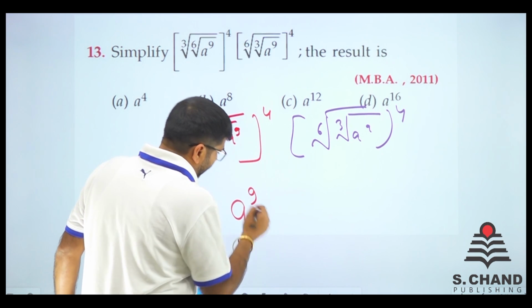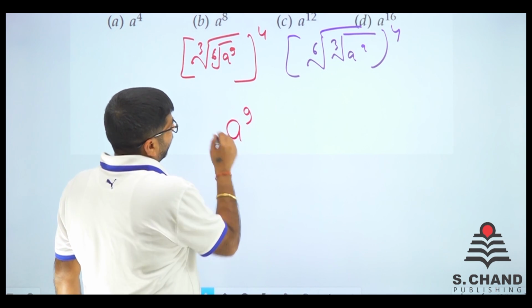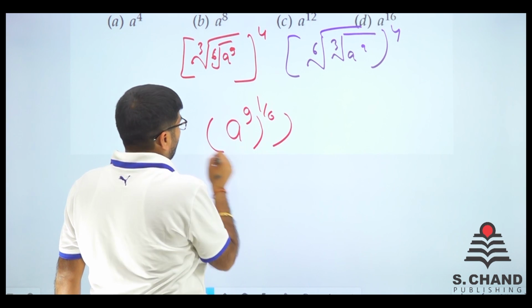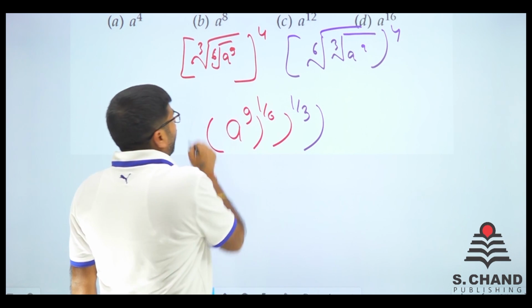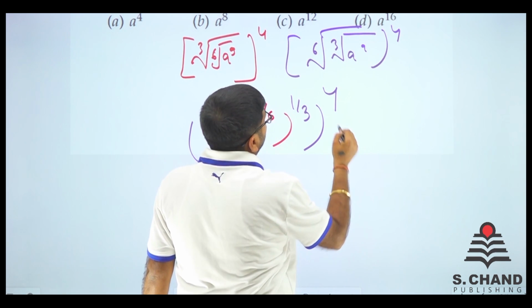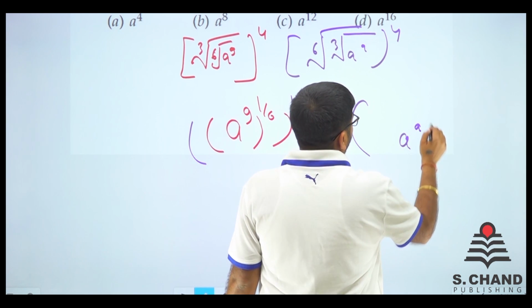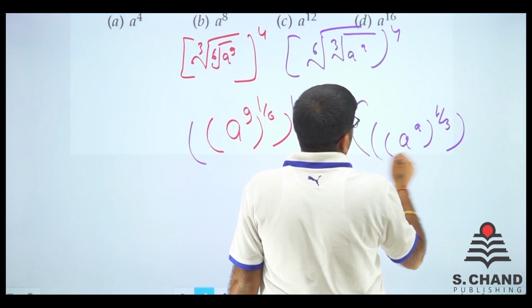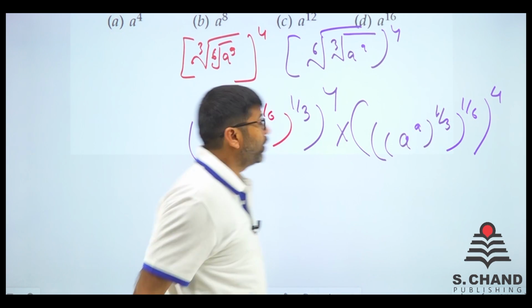What I write is a raised to power 9 first. I'll do 1 by 1. I'll write a raised to 9 first. Then I'll put 1 by 6 over it. Then I'll put 1 by 3 over it, and there is this 4 multiplied by, I put again a raised to power 9 first. Then I'll put 1 by 3 first. Then I'll put 1 by 6 and I will put 4, right?